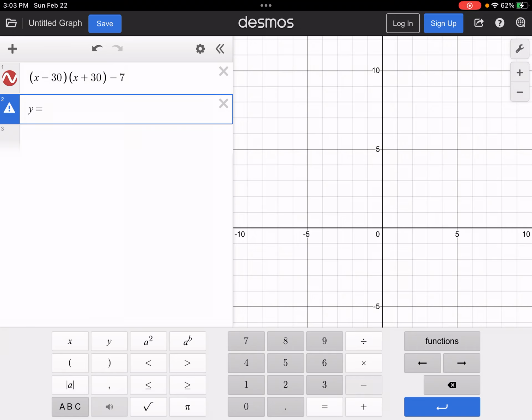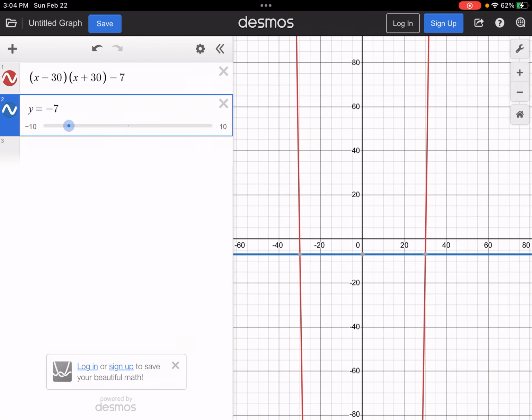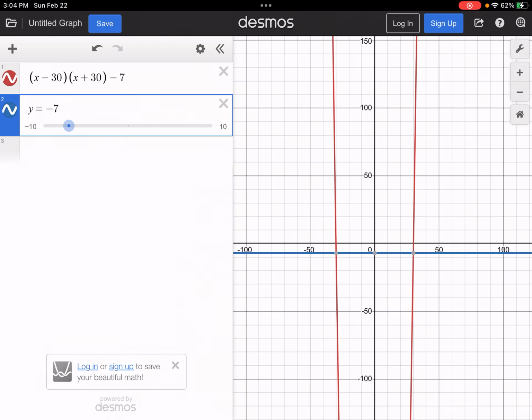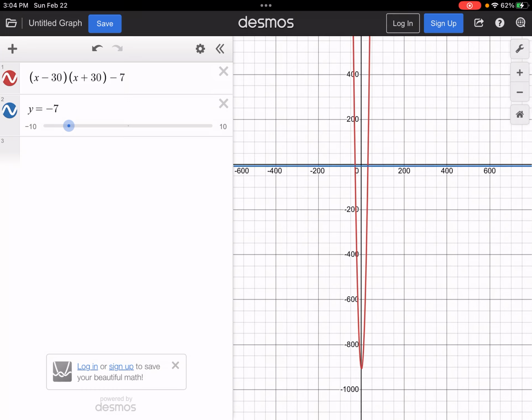And then in order to get this graph, I just want to see where they cross. So it's negative 30 and positive 30. Nice. Just going to zoom out to make sure it's what I wanted. Yeah, so negative 30 and positive 30 are the answers.